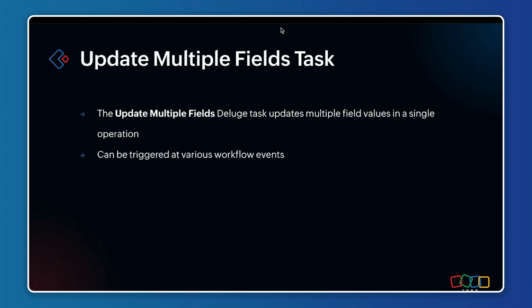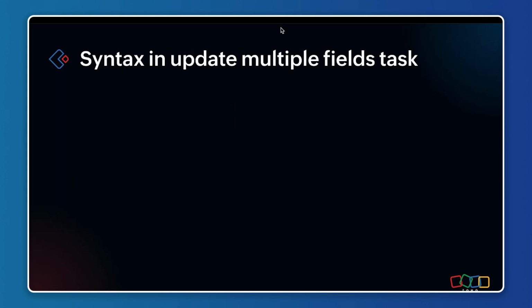It can be triggered at various workflow events, like whenever the record is created or edited, or created and edited or deleted, on load of the form, on user input of the form, on successful submission of the form.